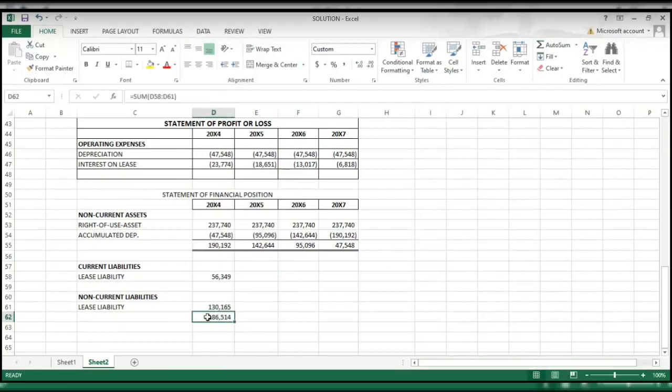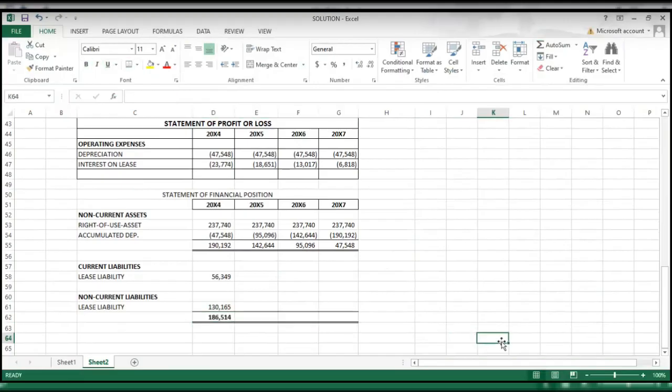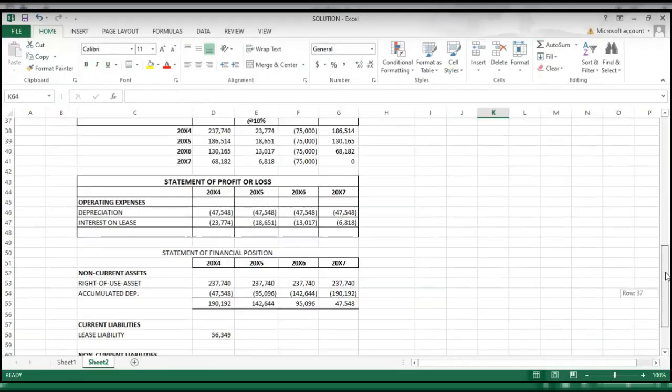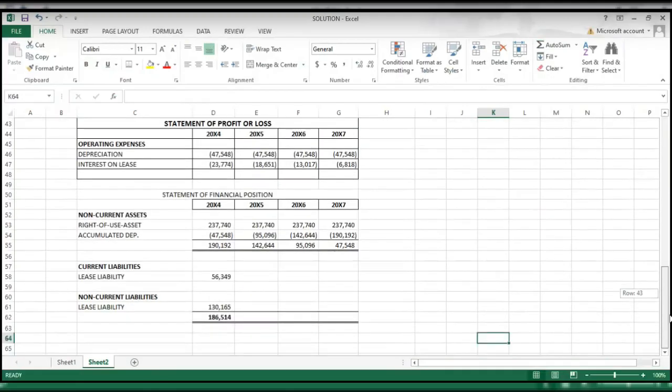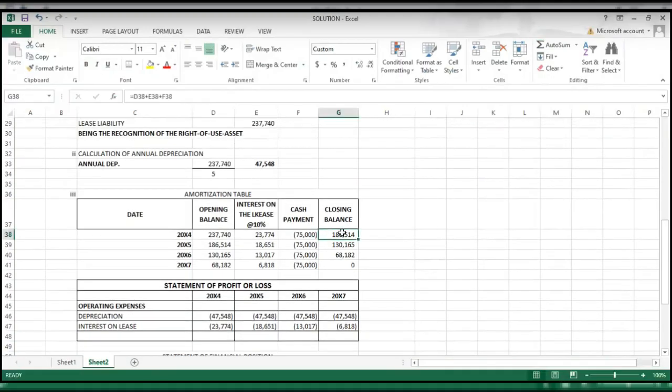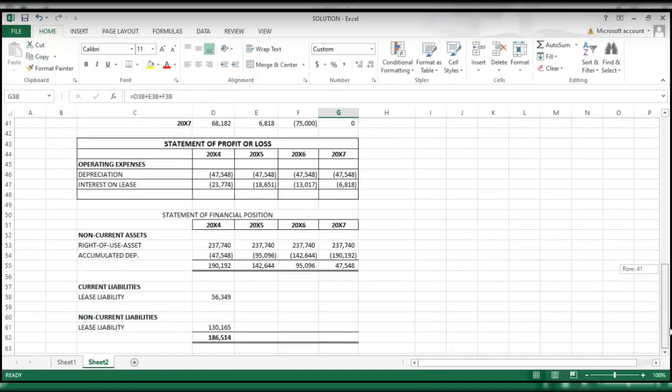So let me just do this place. The table is there, that's why I'm putting my total. You can see 186,514. At the end of 20X4, the closing balance of our liability is 186,514, and it is split into current and non-current elements.